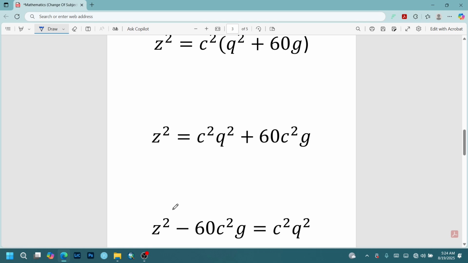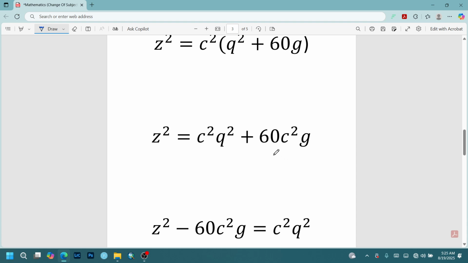So we maintain z square, as it is a positive number. And positive 60 c squared j is a positive number.